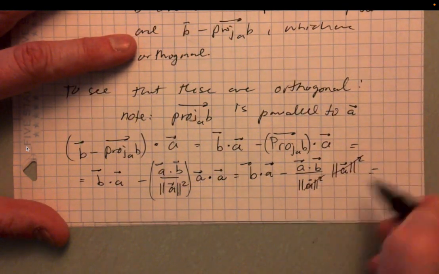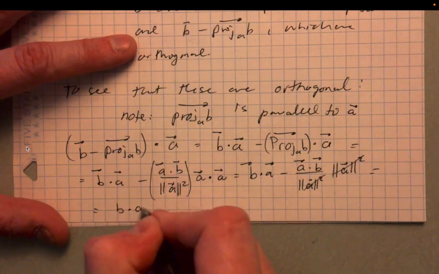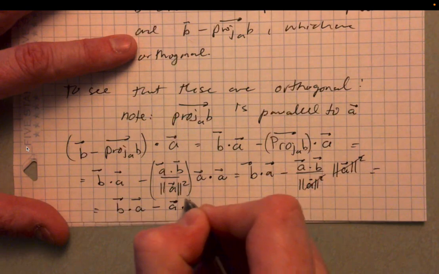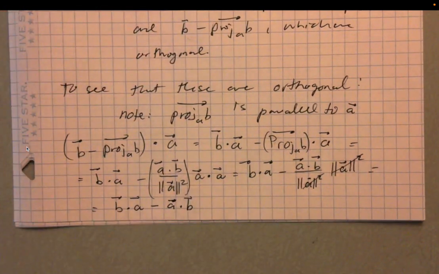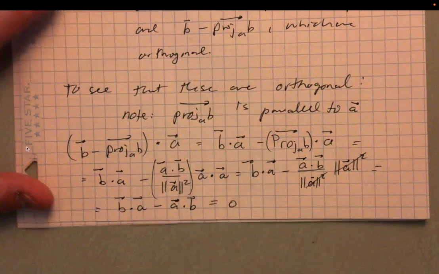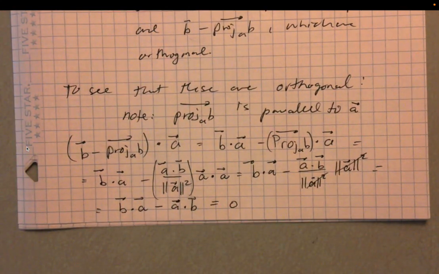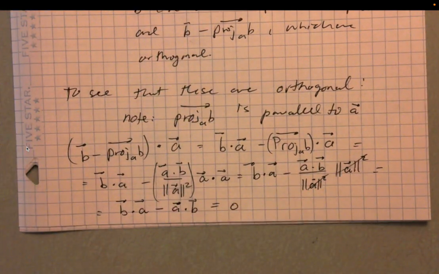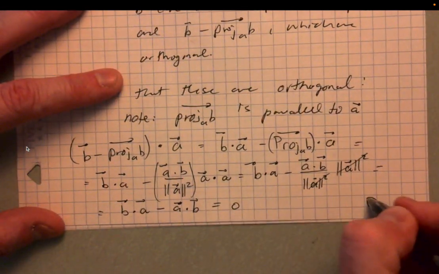These cancel, and you have B dot A minus A dot B. Well, remember the dot product is commutative, right? So B dot A equals A dot B, and so this is 0. Okay, so you get the 0, and that means they're orthogonal. So this is sort of the algebraic demonstration that these two vectors must be orthogonal.